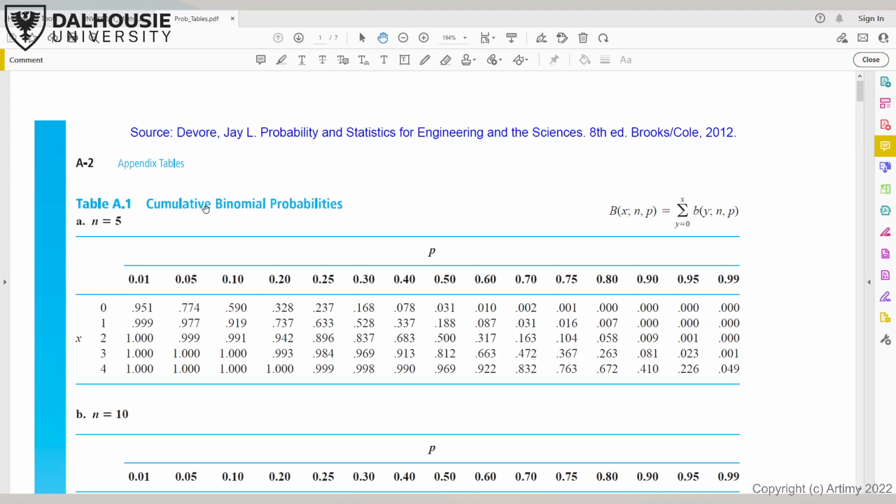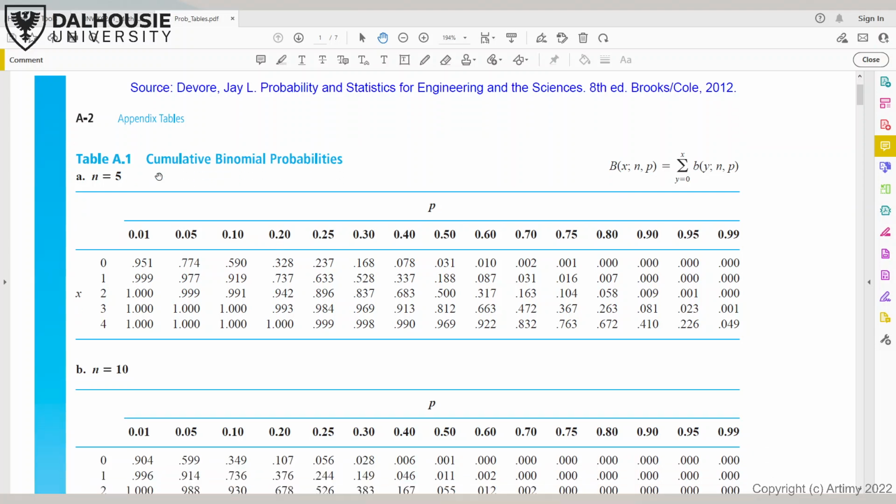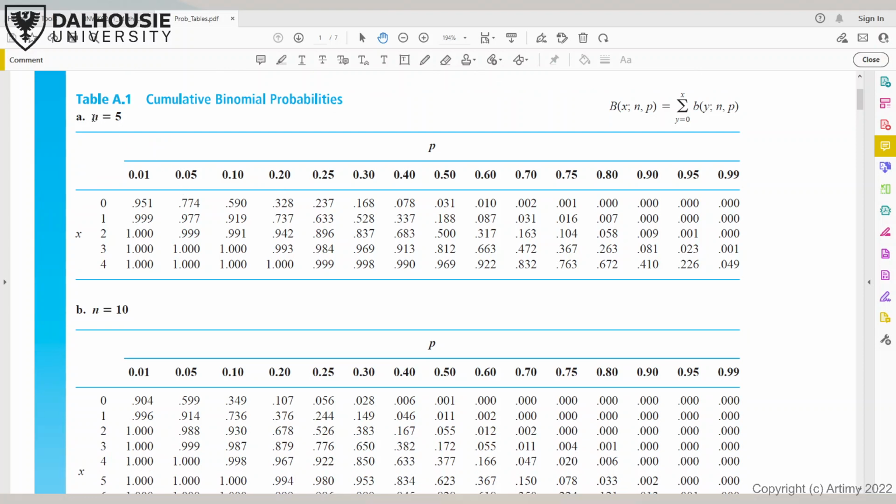In this case, this is the cumulative binomial probabilities, which is what we're looking for, right? And you will see here there are multiple tables for different n's. There aren't tables for every possible number out there, right? So for example, we don't have a table for n equal 5.